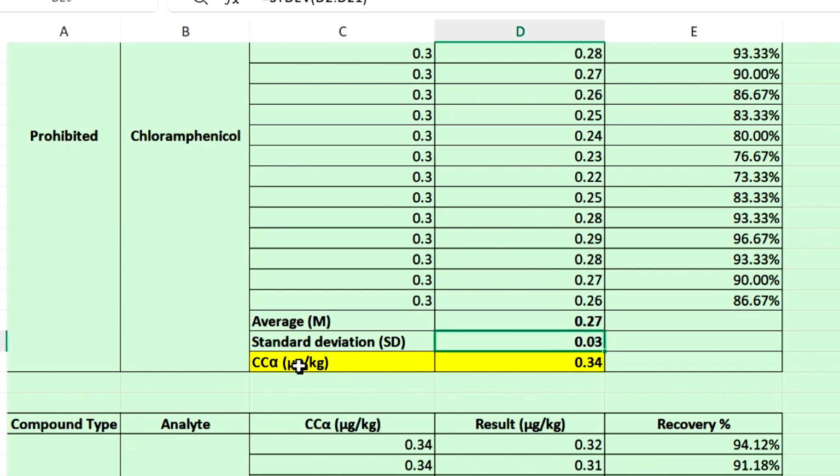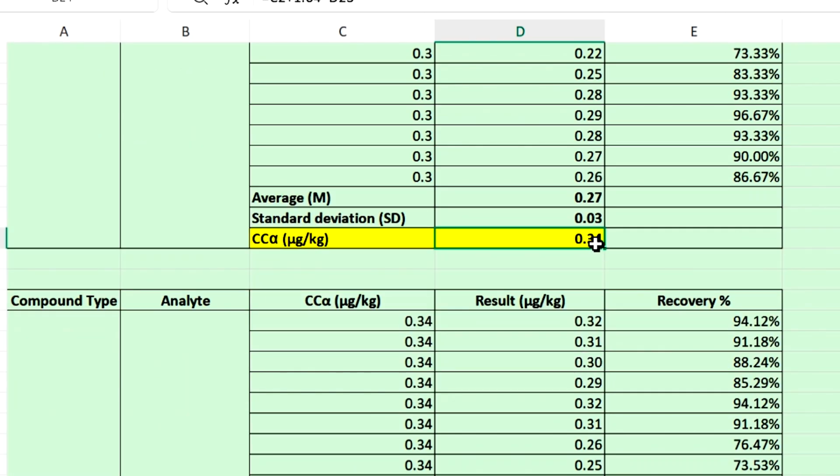Then you will calculate CCalpha. CCalpha equals the minimum required performance limit, 0.3, plus 1.64, which is the factor, multiplied by the standard deviation, 0.03. Then you will get this result, 0.34.